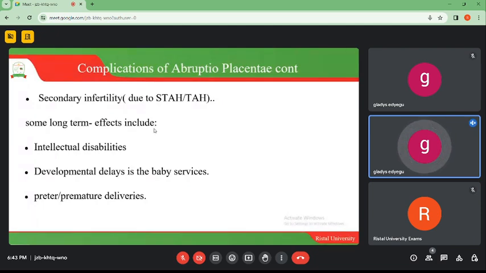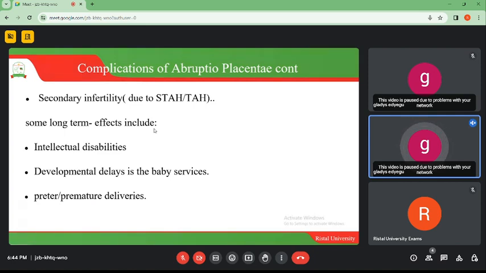The placenta is located at the lower segment of the uterus, and we mentioned the different types of placenta previa, and we said type 1 and type 2A can be delivered normally, but type 3 and 4 cannot be delivered normally, and those are emergency conditions that are delivered by C-section.